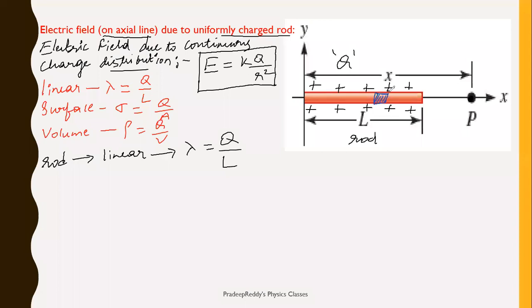I am choosing a very small element in this rod. The whole rod is a continuous charge distribution, but this very small element is treated as a point charge.